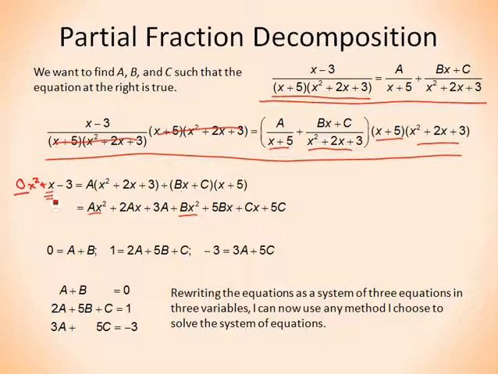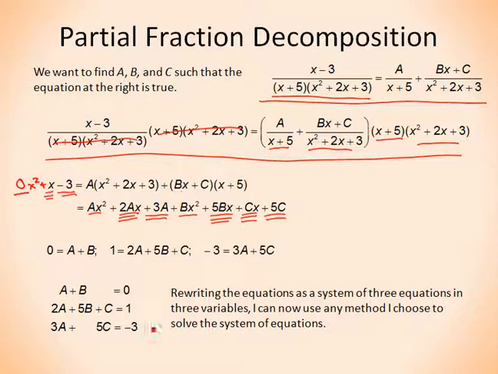My coefficient of x is 1 over here, and I have 2a plus 5b plus c, so 1 has to equal 2a plus 5b plus c, and my constant term is negative 3, and that has to equal 3a plus 5c.